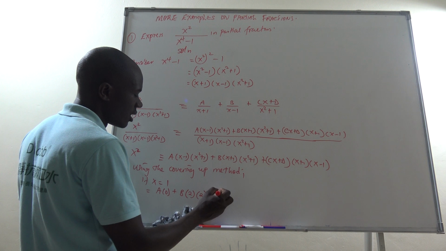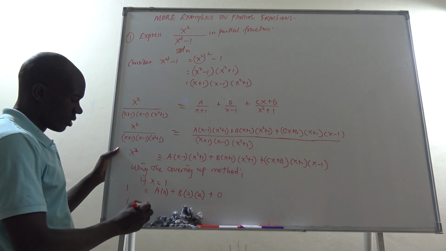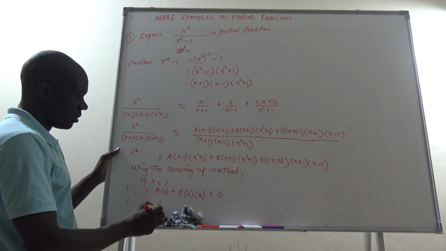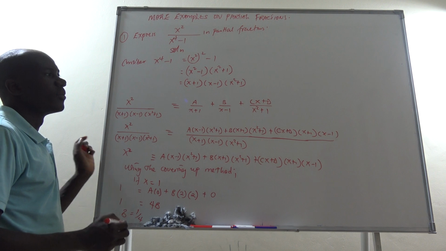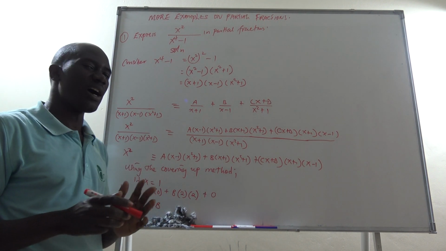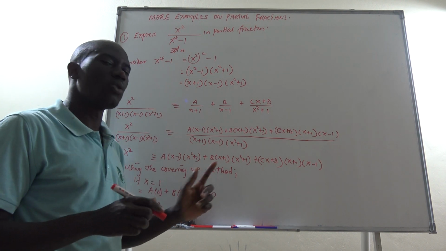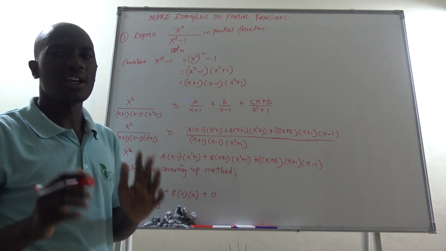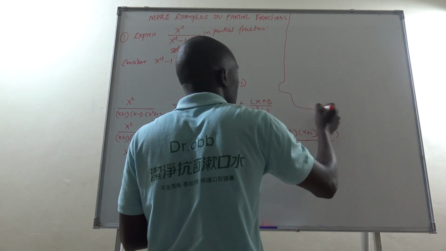So we get 1 equals 4b, so b equals a quarter. I have finished getting the value of b as a quarter. We still need to eliminate the other unknowns, and we proceed with the covering up method.